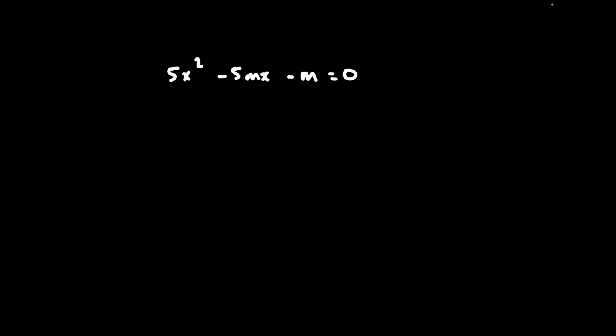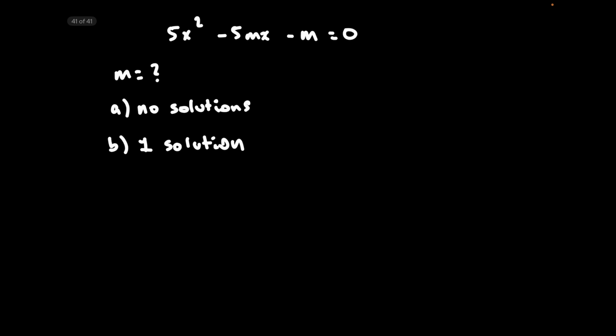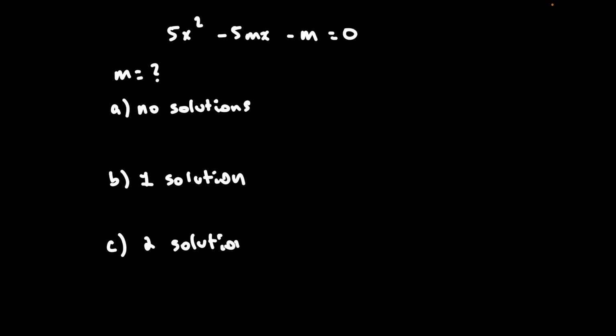We need to work out the values of m for which, part A, the quadratic has no solutions. Part B, the quadratic has one solution. And lastly, the values for m, not x, for which there are two solutions. Pause the video and give it a go yourself.